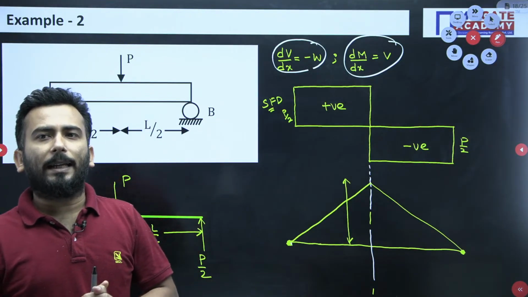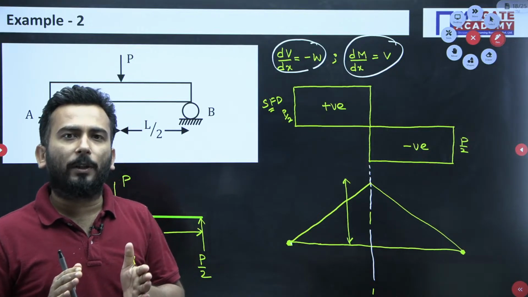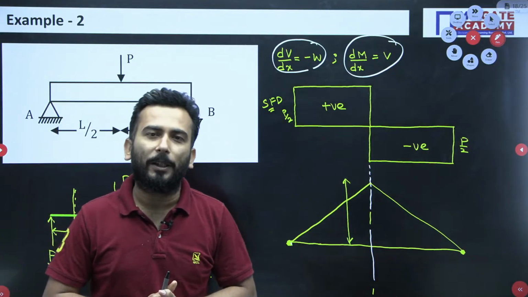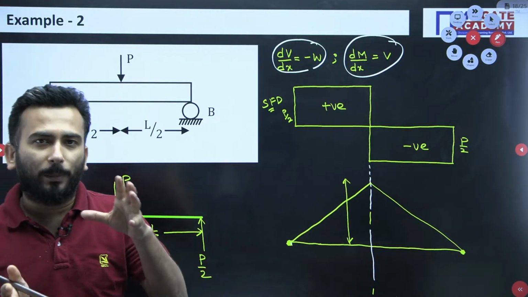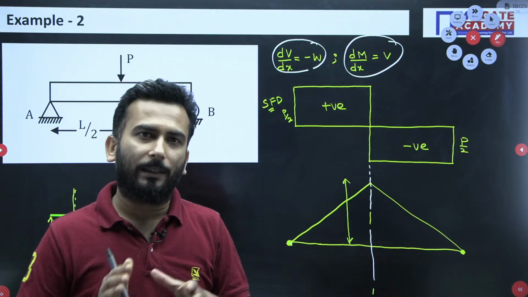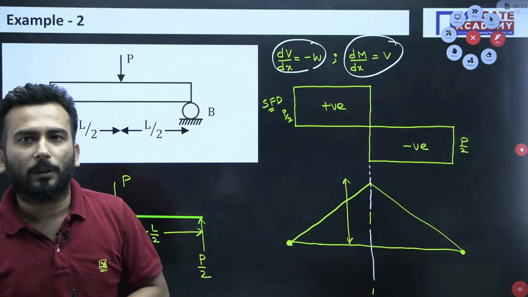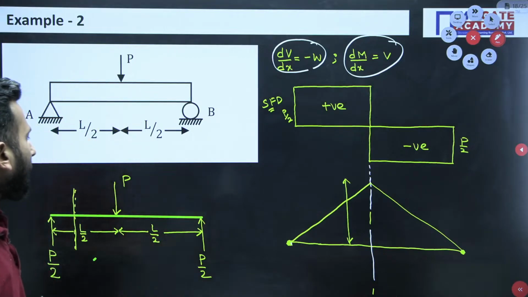So what is the aim? The aim is that we have to be good in both the methods. We have to be equally good, and sometimes the combination of both the methods we will require in order to draw the SFD and BMD.